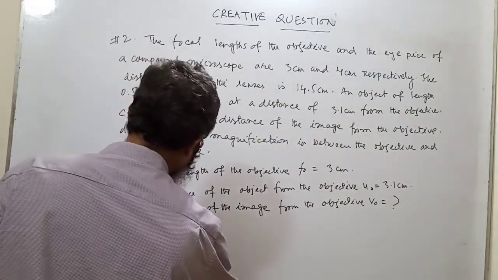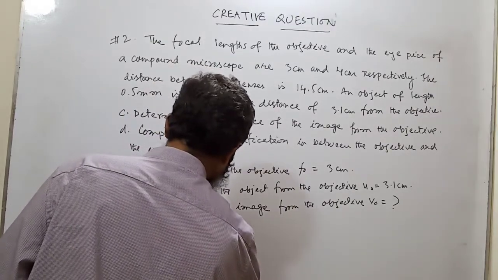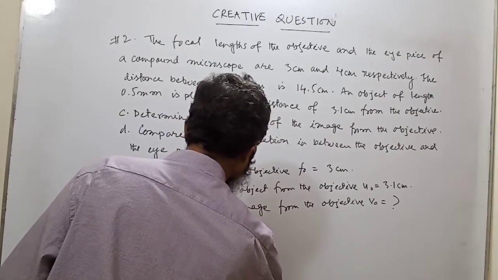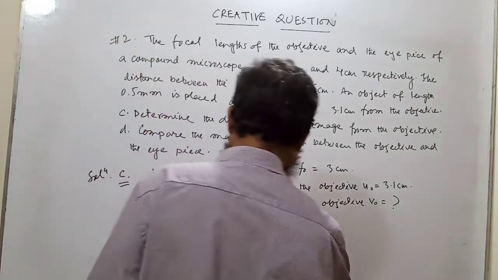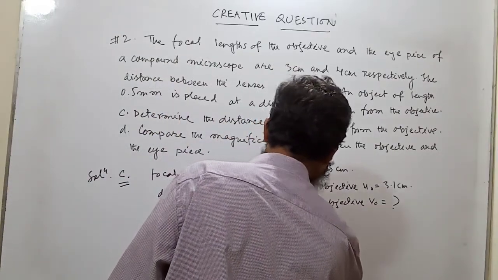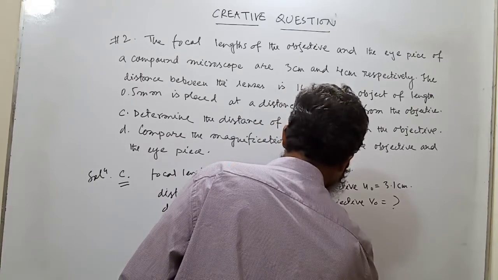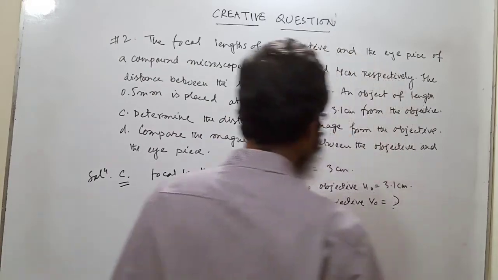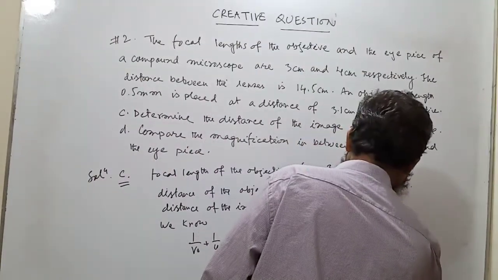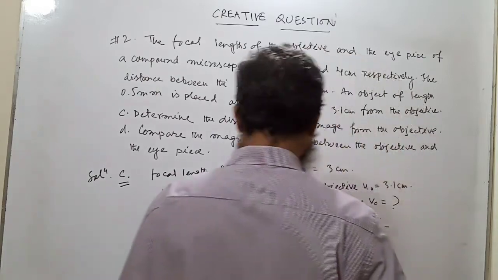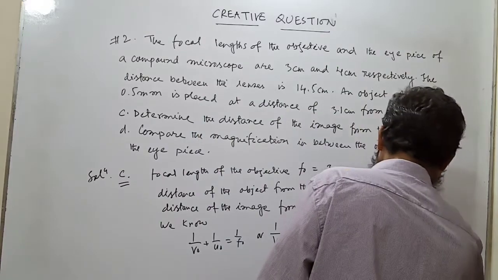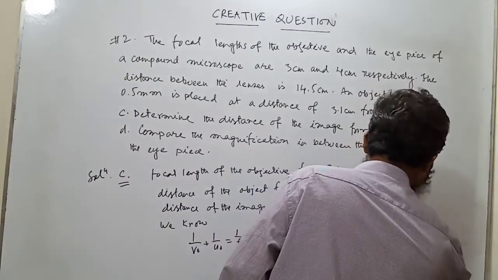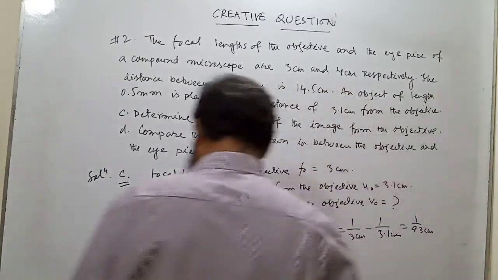We know 1 upon v naught plus 1 upon u naught is equal to 1 upon f naught, or 1 upon v naught is equal to 1 upon f naught minus 1 upon u naught. Put the values here: 1 upon 3 centimeter minus 1 upon 3.1 centimeter is equal to 1 by 93 centimeter.